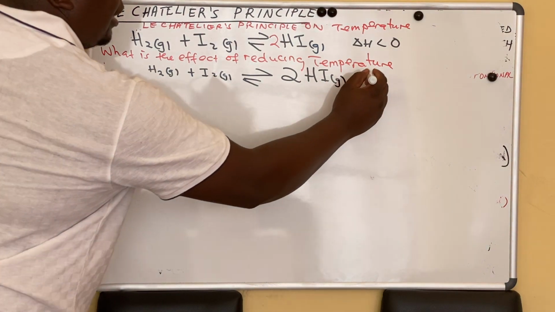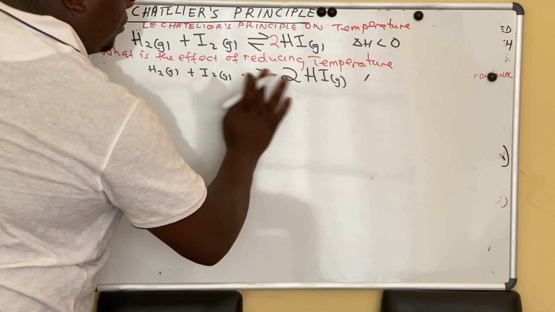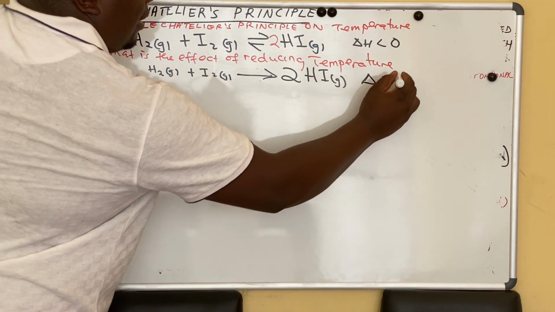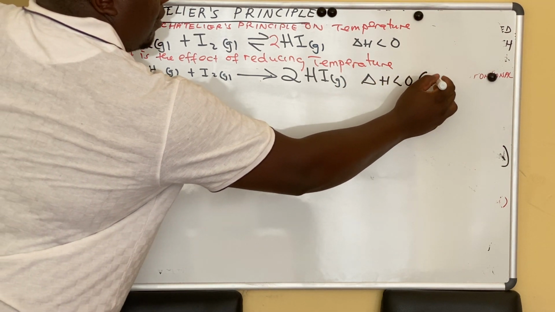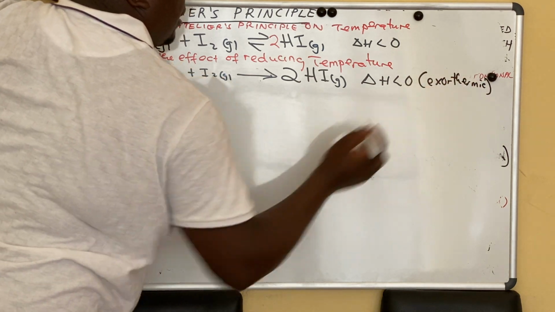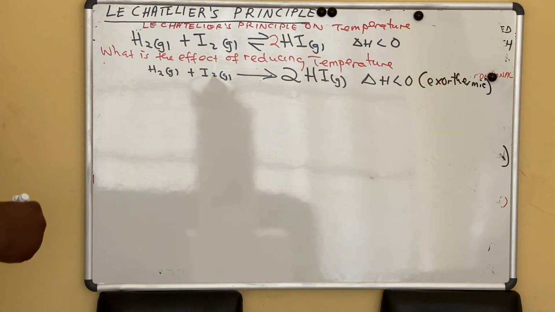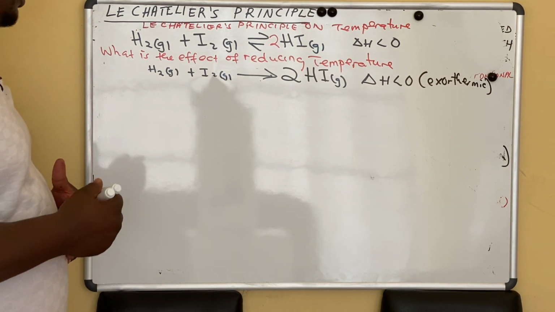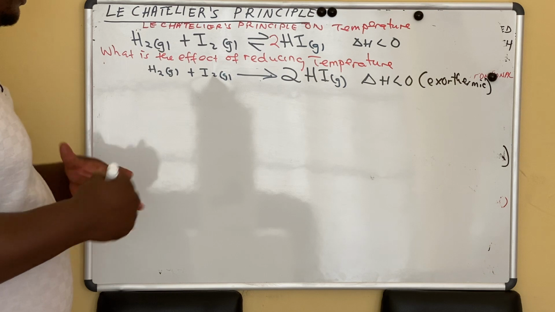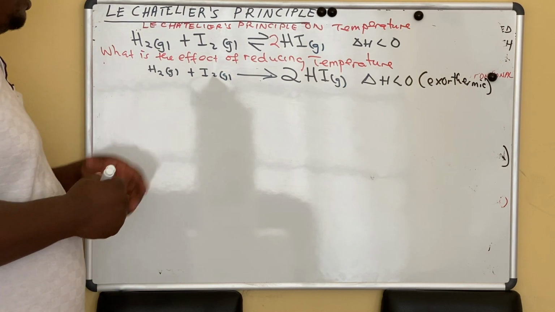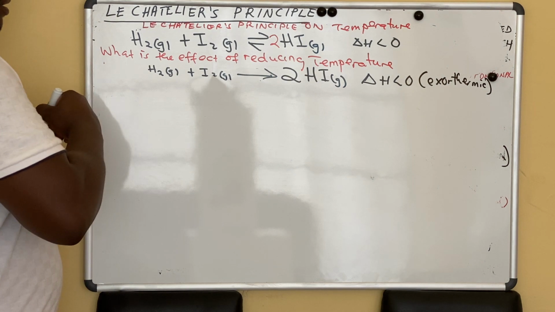And for this forward reaction, it is exothermic, because the enthalpy change is less than 0. It is negative enthalpy. Are we together? There is a topic, I'm sure you've already looked at it, where you look at what it means to say the delta H is less than 0. So this is what happens when I favor the forward reaction.